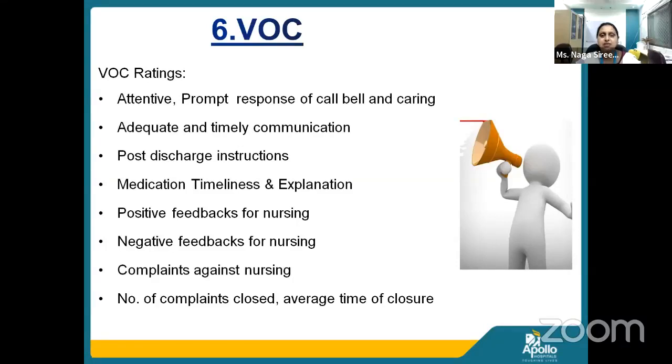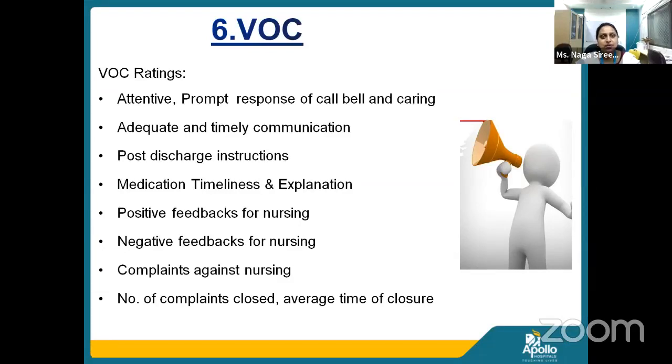Post discharge instructions, I completely agree. During discharge, it is not only the doctor's responsibility, it is nursing responsibility as well. It is very important to explain how to take care of the drains, what precautions to follow after discharge, whether they can climb steps or should not exert, and other post-operative precautions before going home.